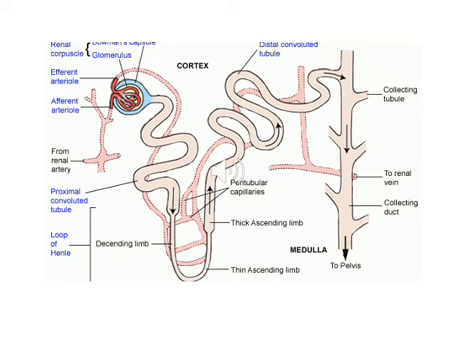The first part of the tube is called the proximal convoluted tubule, and it is situated mainly in the renal cortex. The second part of the tubule is called the loop of Henle.